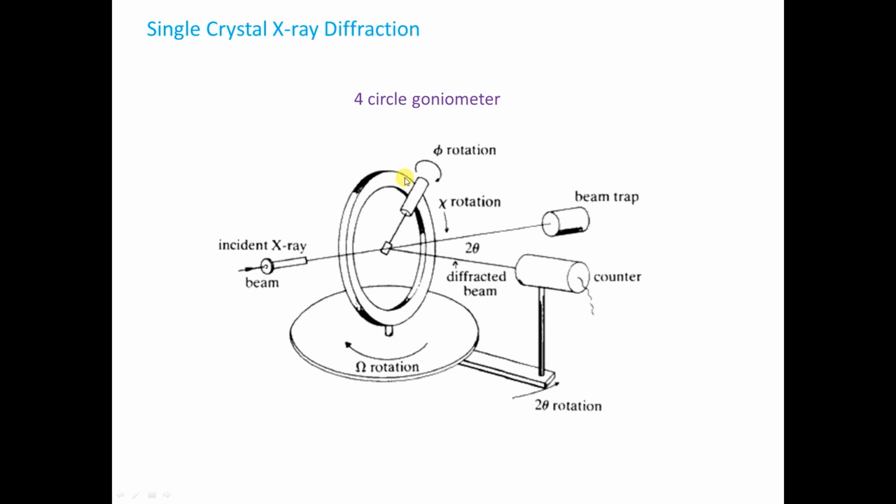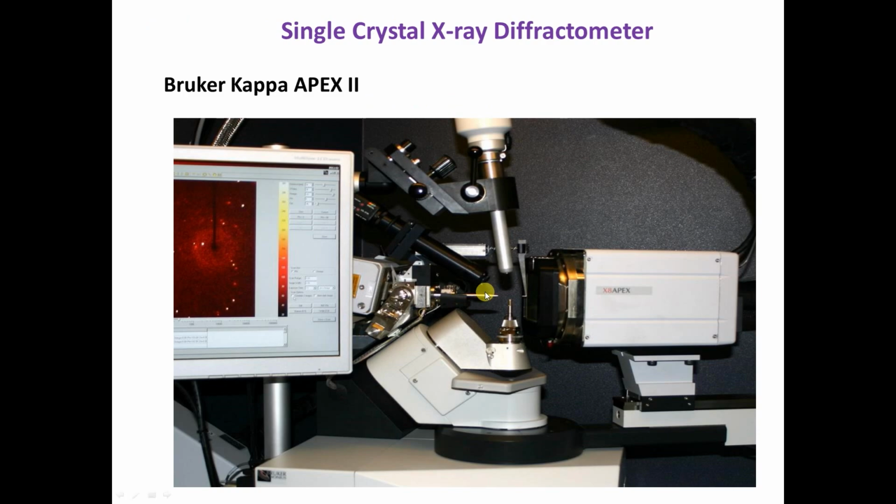The goniometer base, that is omega rotation, rotates the goniometer head. The rotation of the detector is 2 theta, and the kappa rotation is a swinging motion of this particular arm. If you look at this arm, where the goniometer head is placed, there is a swinging action.